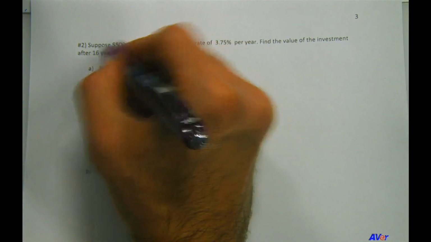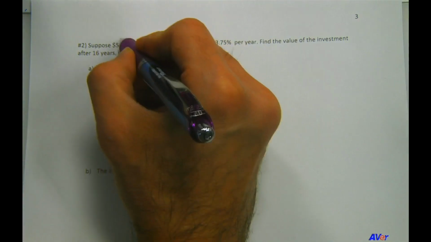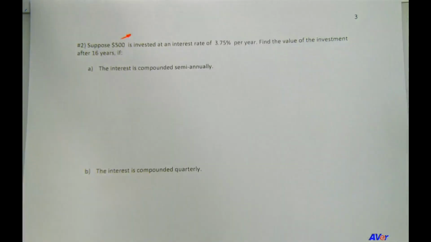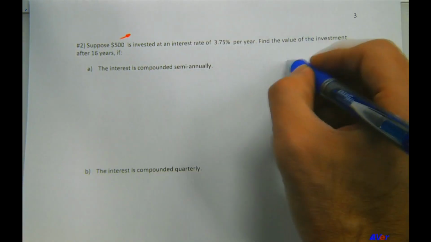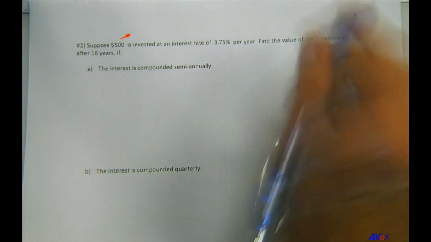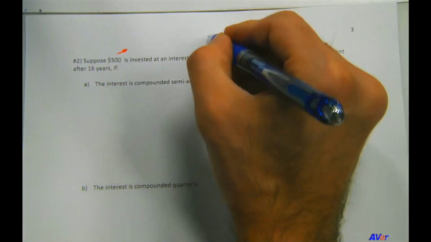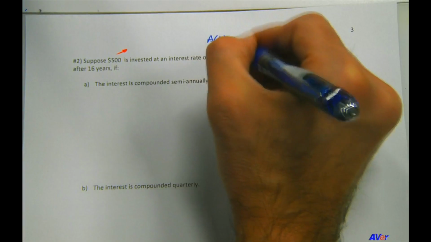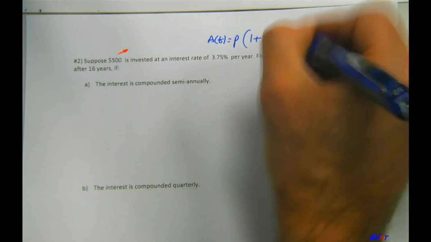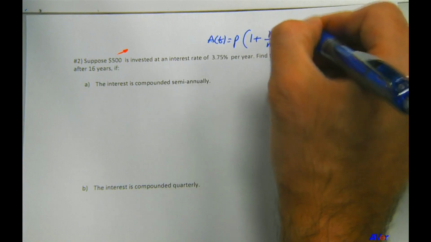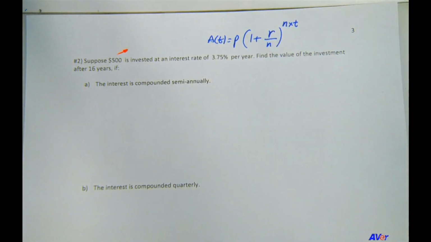And by the way, let me write down the formula: A_T is equal to P times (1 plus R over N) to the N times T exponent. Remember that? That's our compound interest formula.